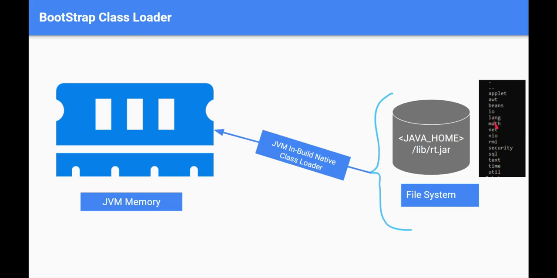So what exactly happens inside HotSpot? There is a class called ClassLoader, which reads your bytecode and puts it into memory, and all the dependent classes are loaded from rt.jar. Because you write System.out.print, but you did not write what System is, what out is, and what print is.